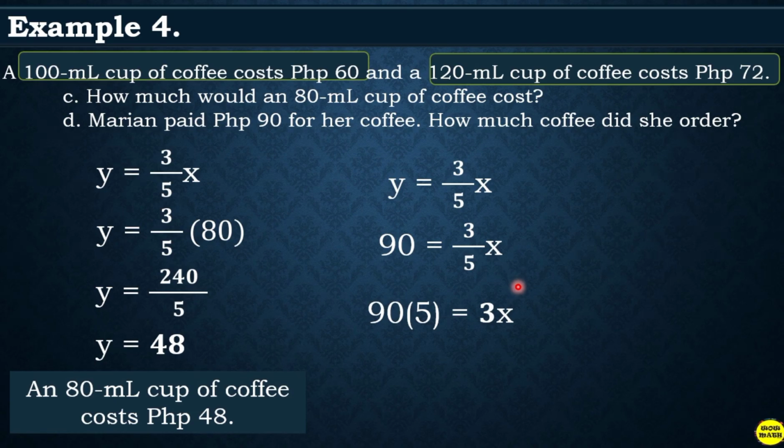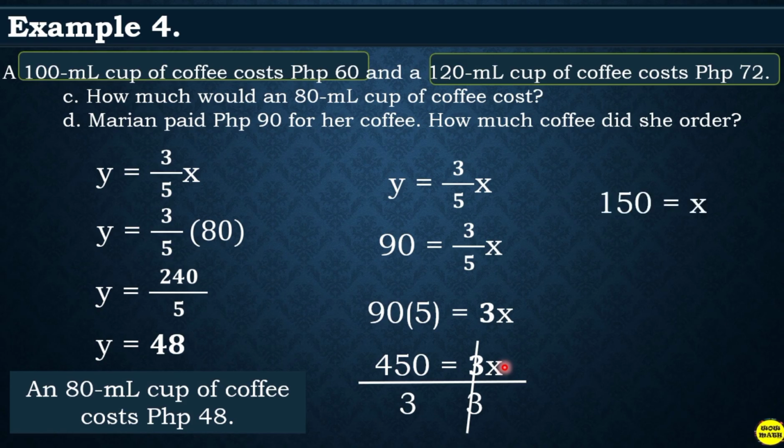Okay, so 90 times 5 equals 3x. We will multiply 90 times 5, that is 450, is equal to 3x. So divide both sides by 3, cancel. So 450 divided by 3, that is 150, is equal to x. So x is equal to 150.